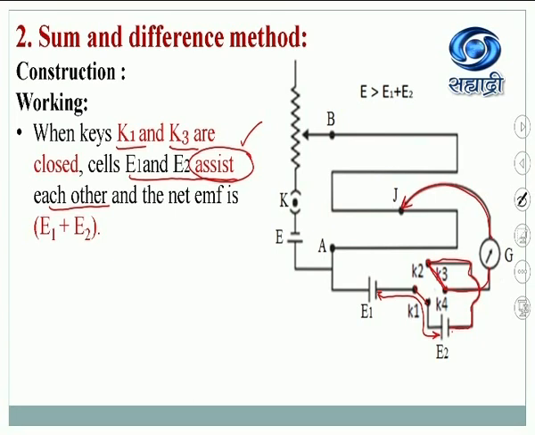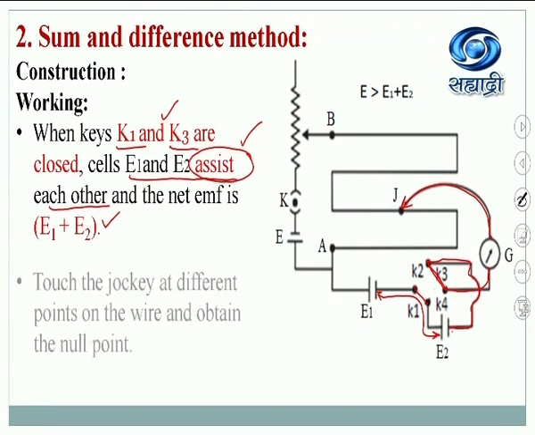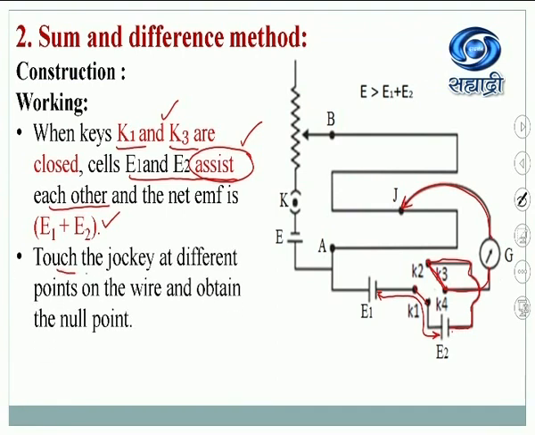Remember, when K1 and K3 are closed, we get E1 and E2 in the circuit so that they assist each other. Their net EMF will be E1 plus E2. Now, touch the jockey at different points on the wire and obtain the null point. Procedure is same.